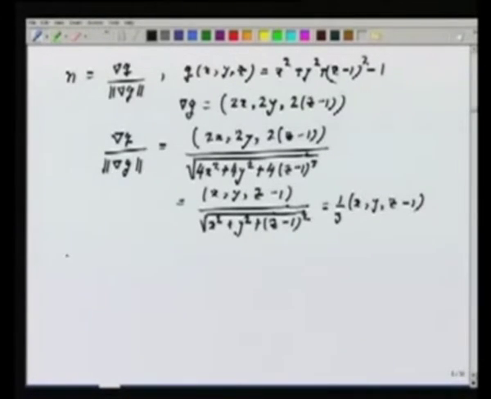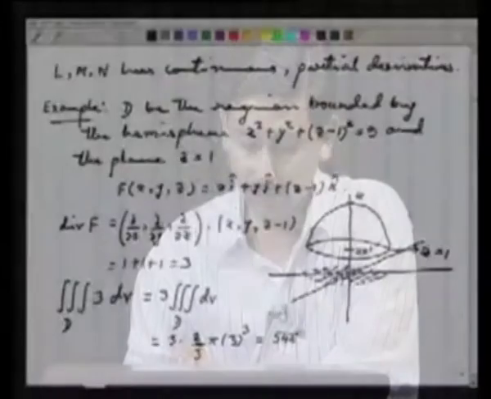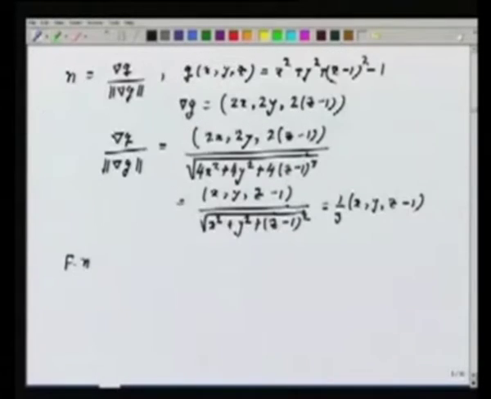Now I need to calculate what is f dot n. Well, I know my expression of f. F is given by (x, y, z minus 1). So f dot n is (x, y, z minus 1) dot n, which is 1/3, so that comes out, (x, y, z minus 1) dot (x, y, z minus 1).